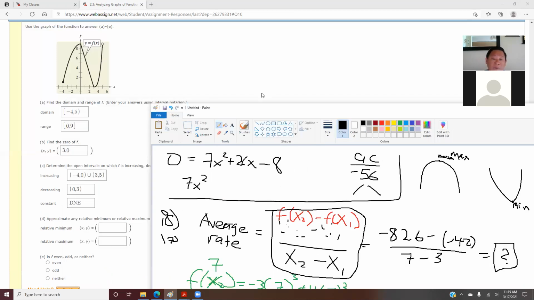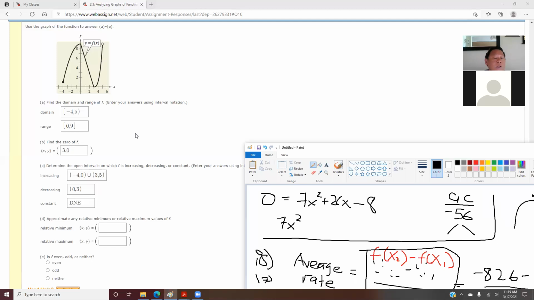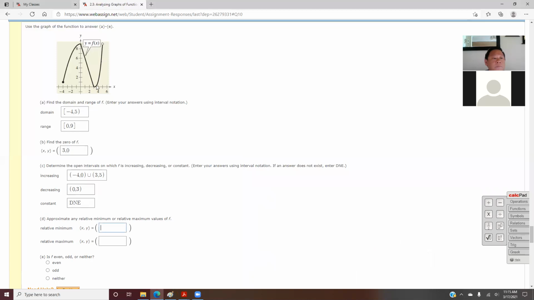If you look at this again, they give you x, y, which means coordinates. So where is the minimum turning point in this graph? Right here, 3, 0. This is your minimum turning point. What are the coordinates of this? 3, 0. And the maximum turning point is this one: 0, 9.